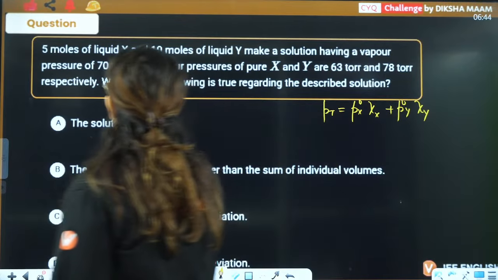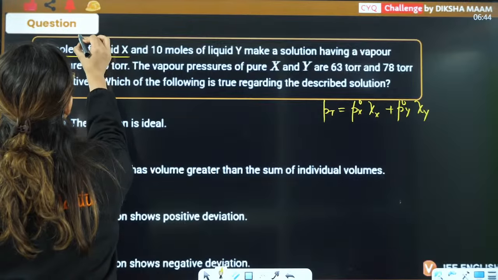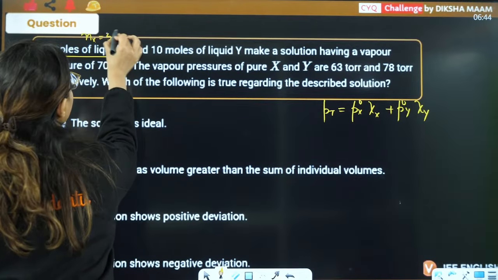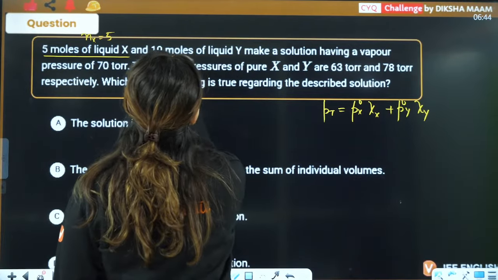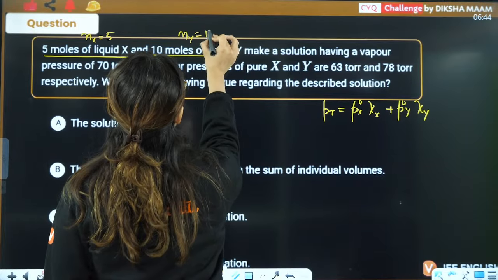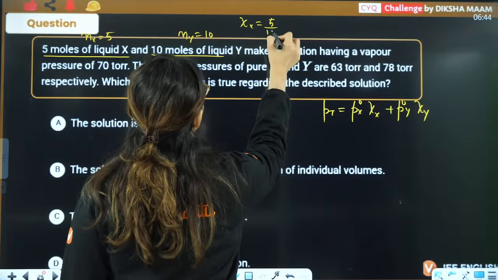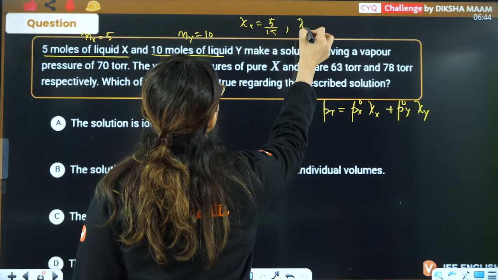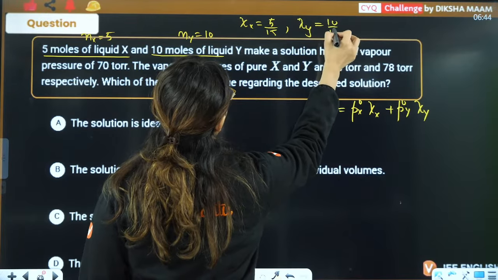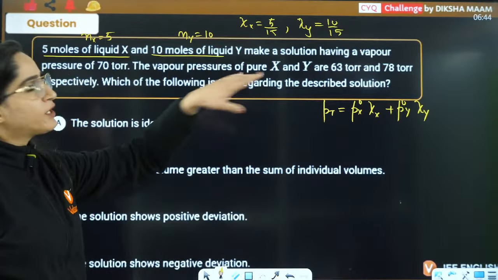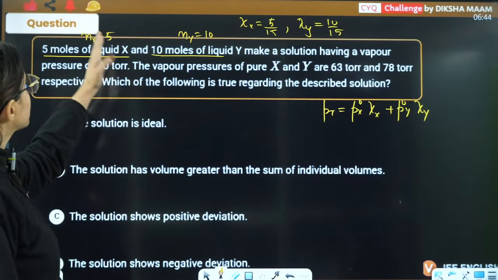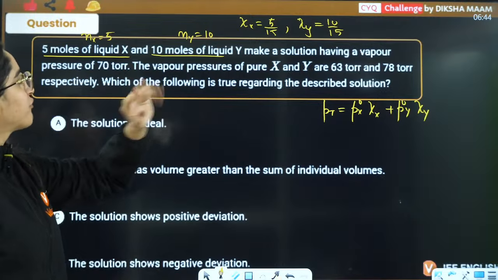Number of moles of X is 5, number of moles of Y is 10. So mole fraction of X is going to be 5 by 15, and mole fraction of Y is going to be 10 by 15. That is number of moles by total number of moles. Total number of moles is 5 plus 10, that is 15.